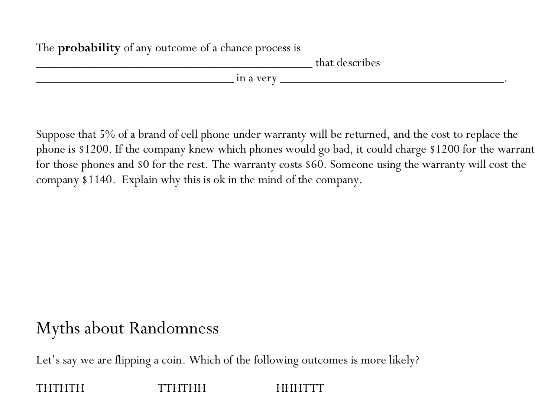So here's what I want you to know. The probability of any chance process is a number between, what's the lowest number you can get for a probability?